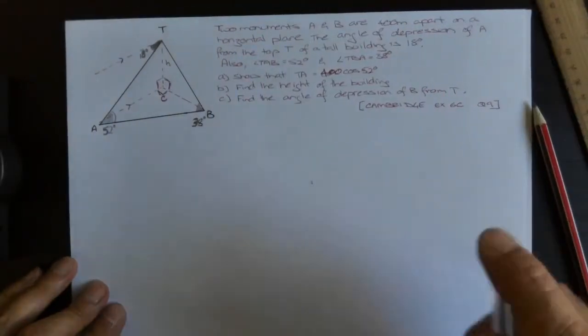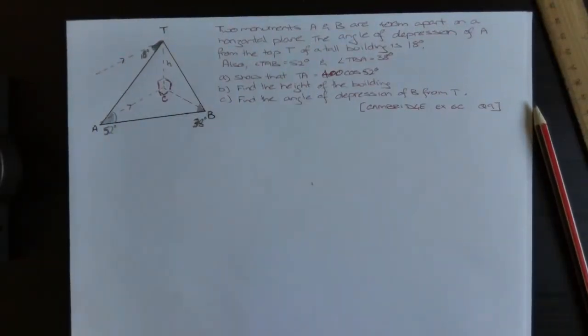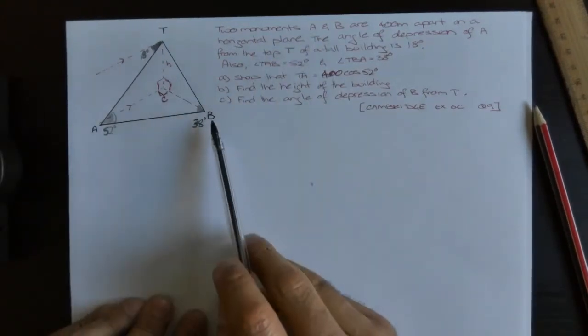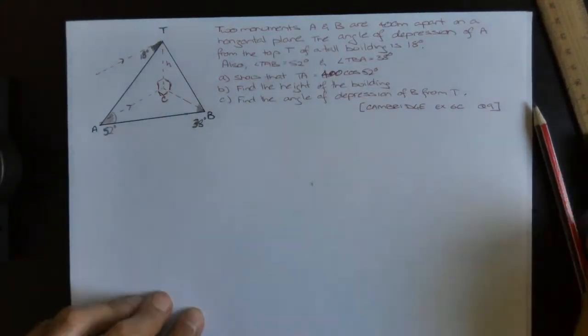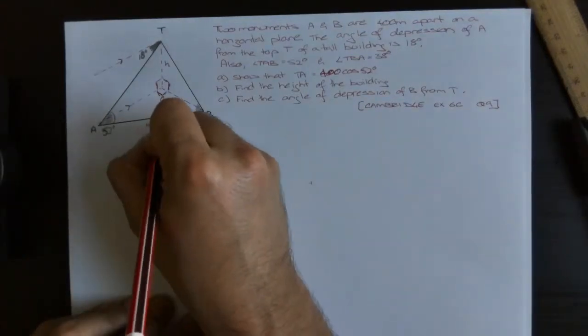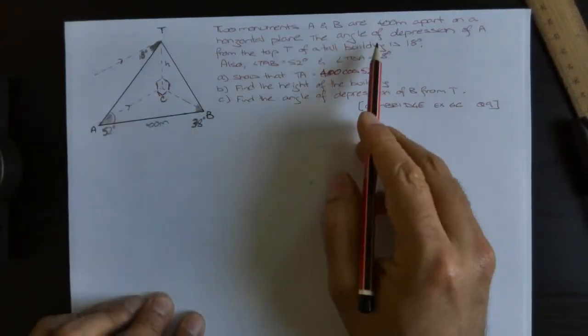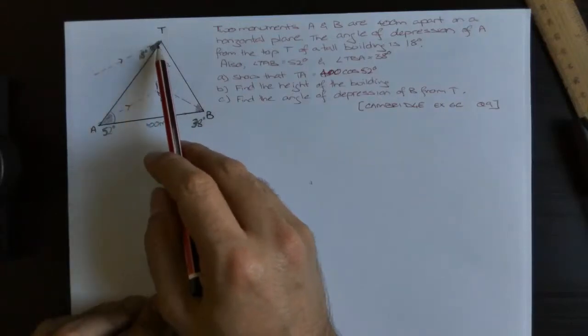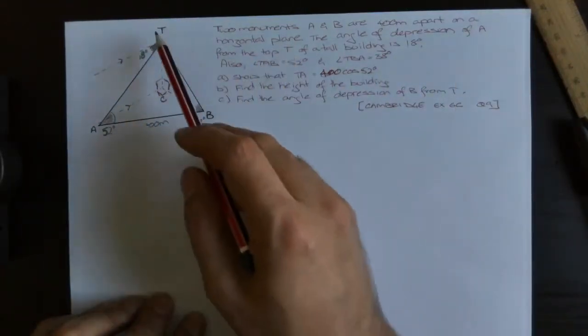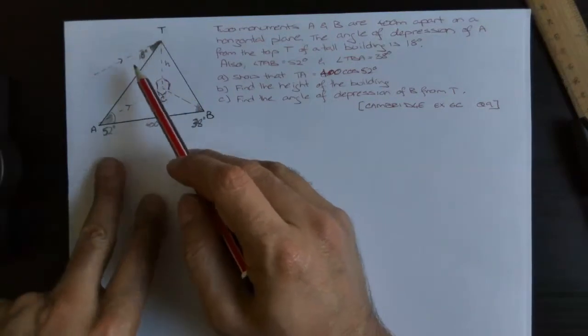Here's another example. This is from our Cambridge textbook. We have two monuments, A and B. They're 400 meters apart on a horizontal plane. So this is going to be 400 meters. The angle of depression of A from the top T of a tall building is 18 degrees.